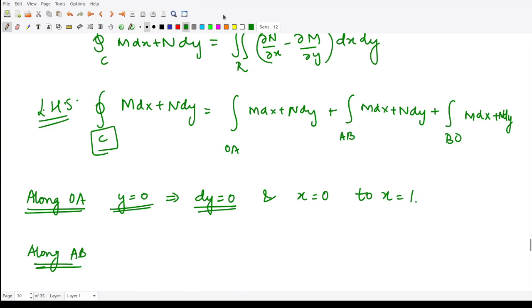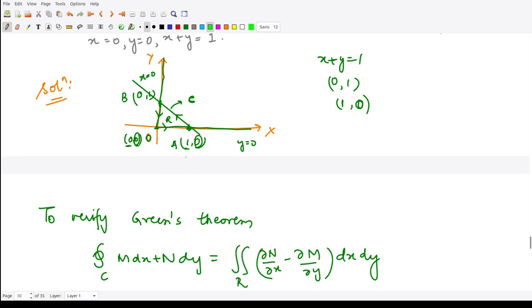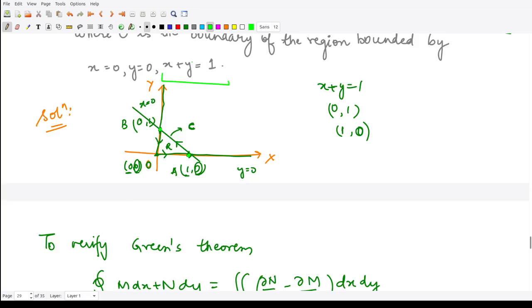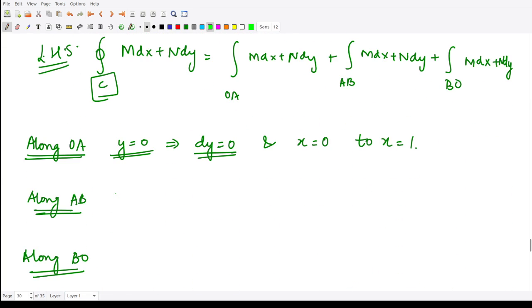Now let us see the same when we are moving from the point A to the point B. Here we have the equation of this line as x plus y equal to 1. From here I can write either the value of x or the value of y, so it is up to me.